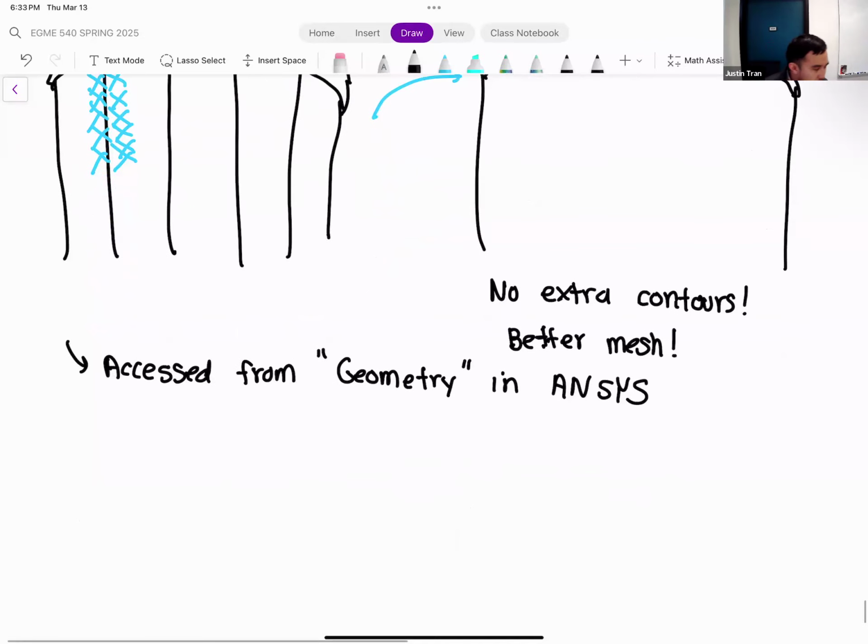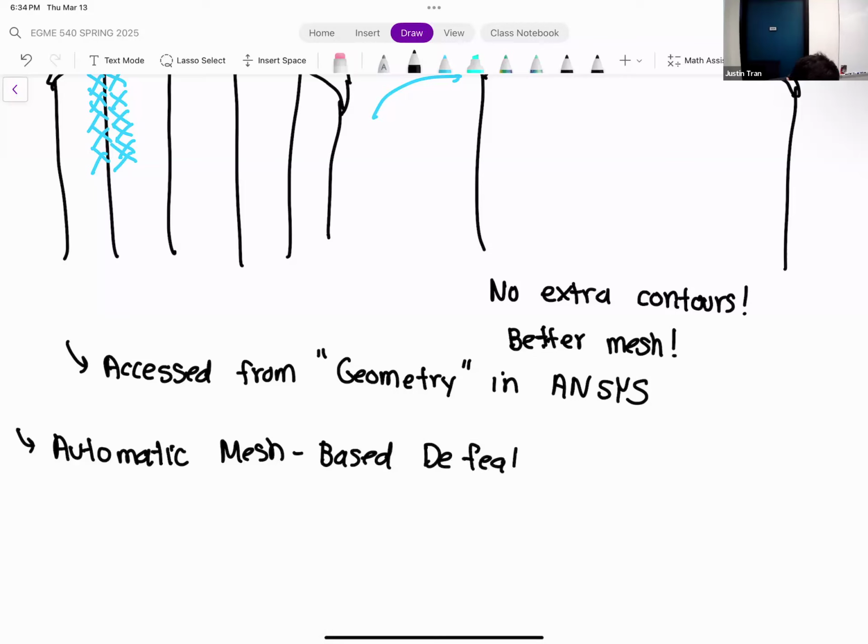Okay, another feature within ANSYS to help with this is called automatic mesh-based defeaturing. This is a less manual process, and so it's convenient.